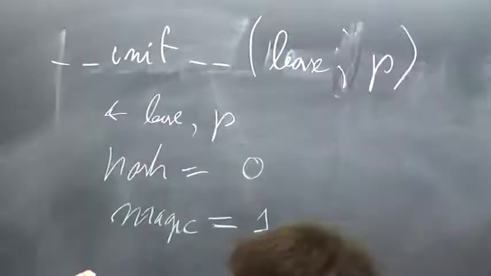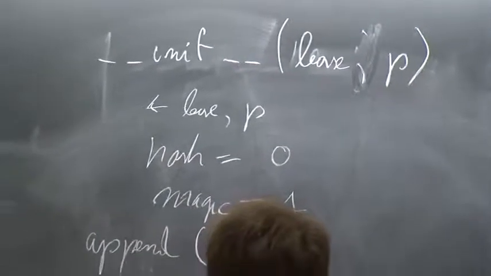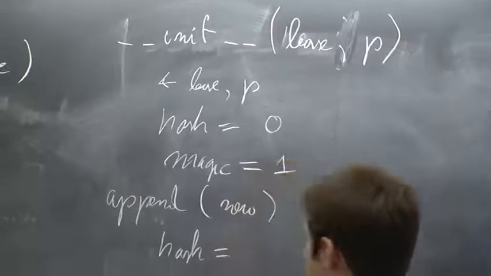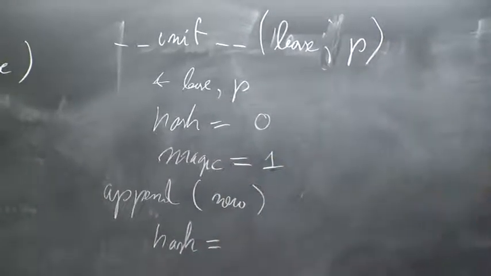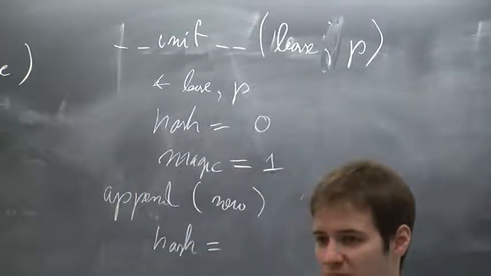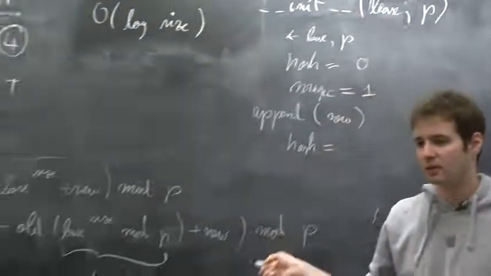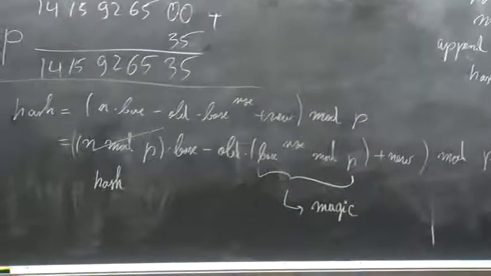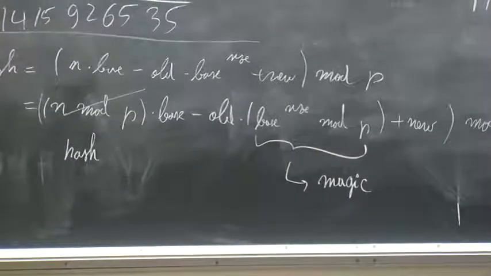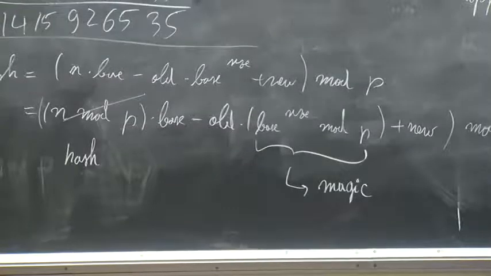Let's write append. Hash is... So here we're doing both an append and a skip. We have to figure out which operation belongs to the append and which operations belong to the skip. So someone help me out. Multiplying by base and then adding a new.